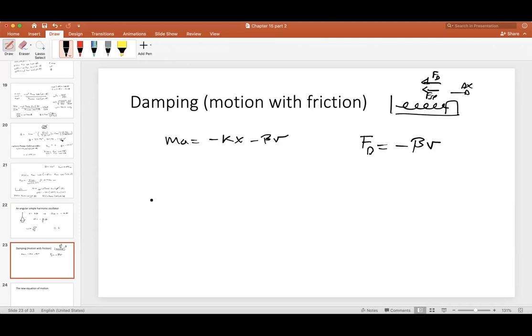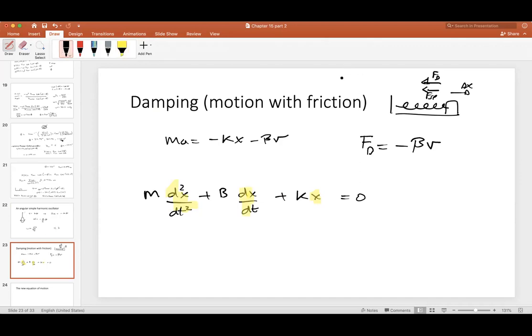Let's put that in the form of a differential equation. And I'm going to actually switch these. m d^2x/dt^2 plus b dx/dt plus kx is equal to 0. And note, this is the second derivative of x, this is the first derivative of x, this is x.